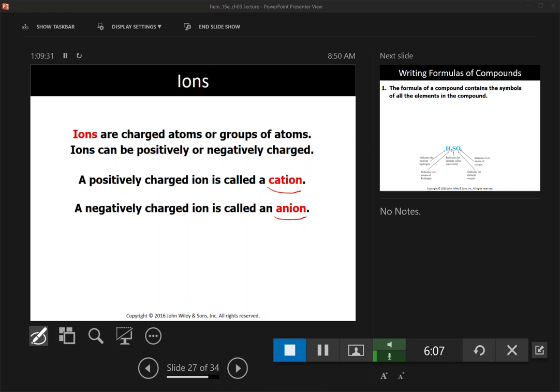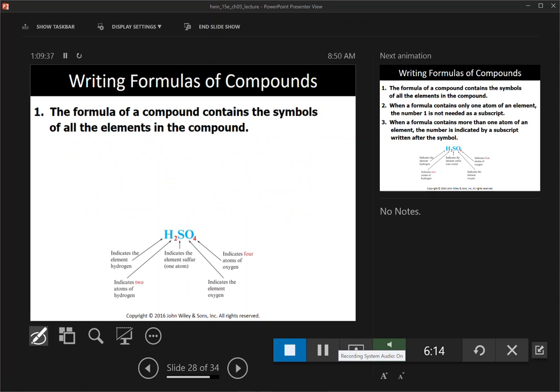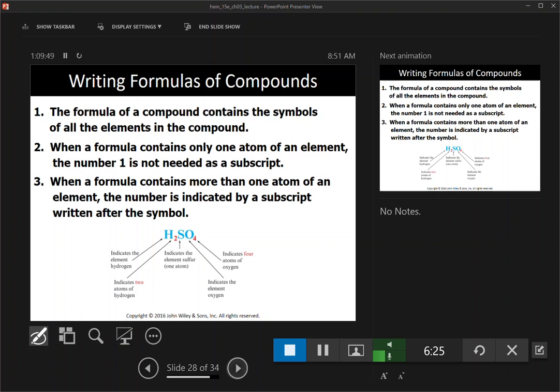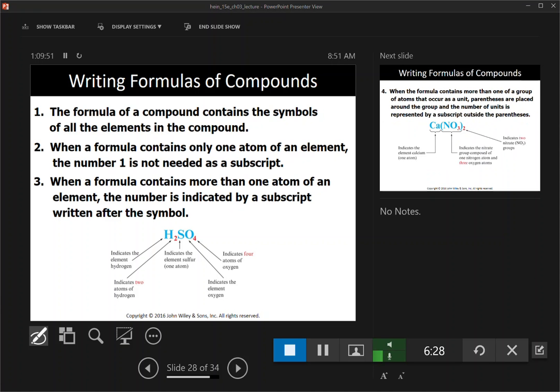So let's look at the formula of compounds and see what information we can get from it. For now, I'll just show you the formula, but we will learn how to write these formulas and how to name them. The formula that you see here is the formula of sulfuric acid.